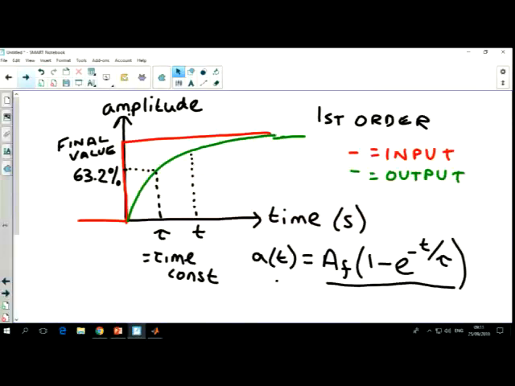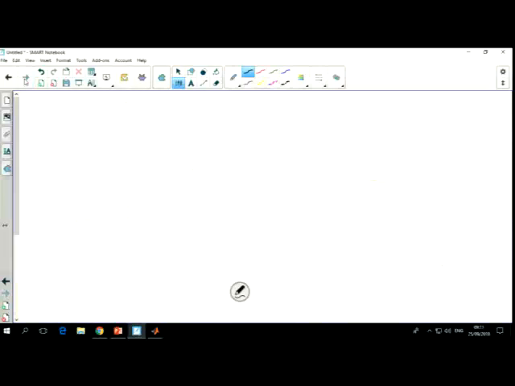See if you remember anything about second order systems as well. Okay, finished writing? Carry on. So second order systems are a bit more complicated.